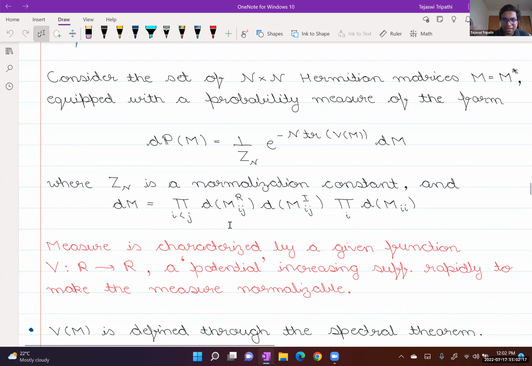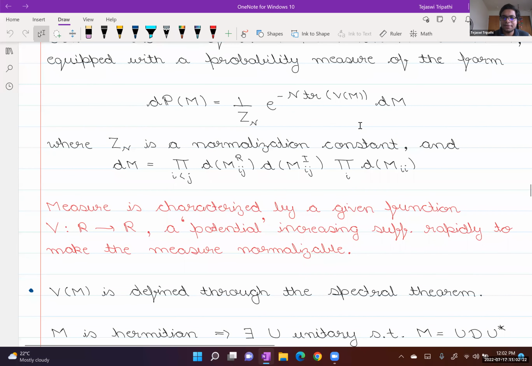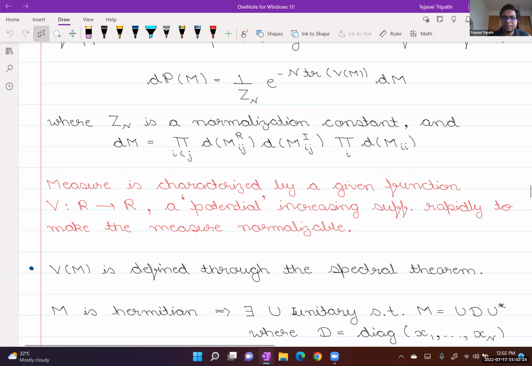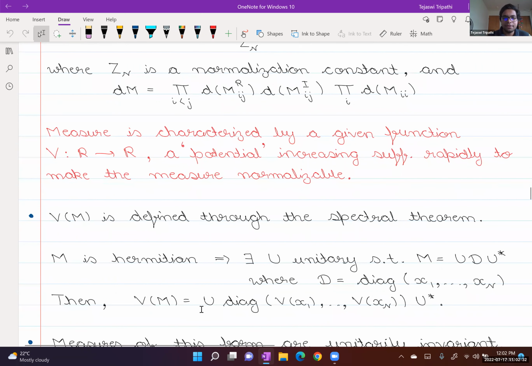But using spectral theory, we have the spectral theorem, right? That if M is Hermitian, then there exists U unitary such that I can write M as U D U star. Then by definition, V of M is just U, I apply V to the diagonal entries, and U star. This is how V of M is defined.